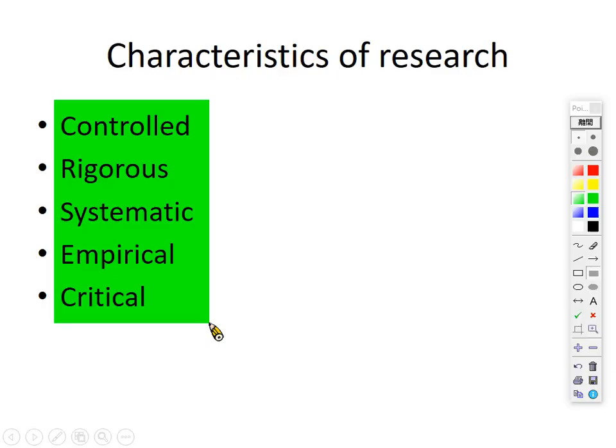And number 5 is critical. Critical means to the point. It refers to that your research must be to the point for some segment of the society, some sections of the people. For example, Wenzhou is facing the threat of fewer students coming into the campus at the college level institution, right?